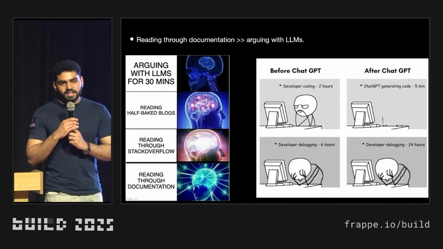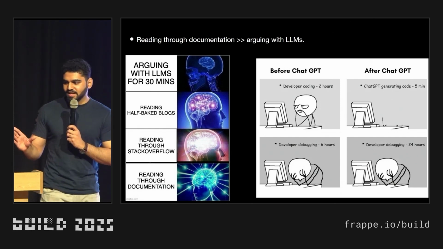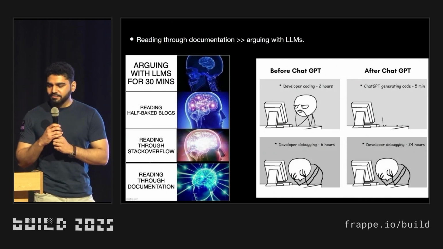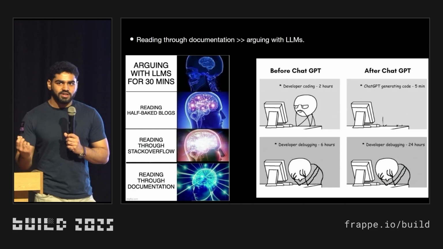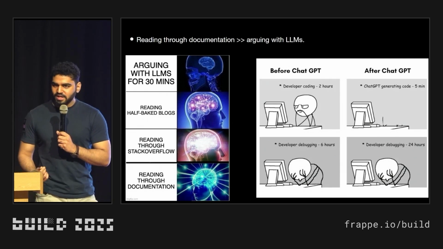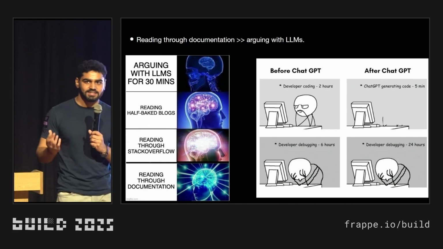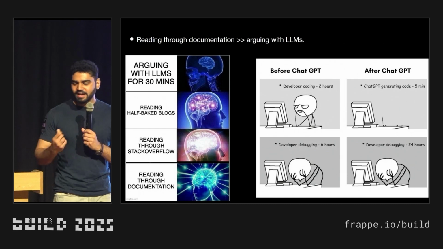And read through documentation. It is way better than arguing with LLMs. When we go through documentation, we can clear the concepts about any library or something new that we are using. Going through documentation is very important because you might think that you can just ask ChatGPT how to do this, but they hallucinate a lot.